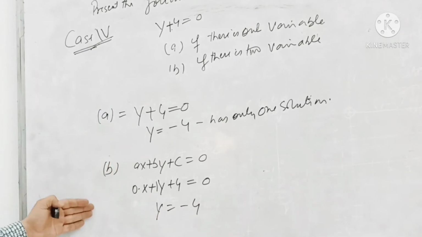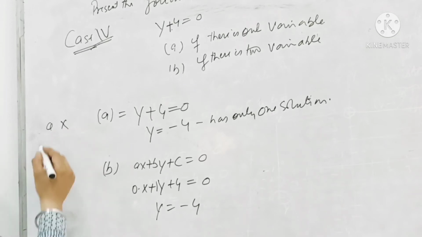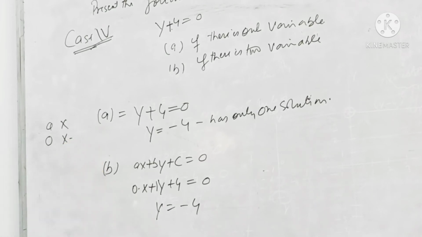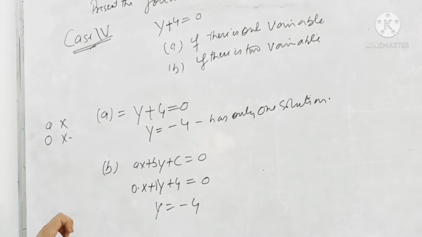How to present this on the graph? In the similar way, the value of a is 0, but the value of x is unknown. Maybe 1, maybe 2, maybe 3, maybe 7, maybe 9, maybe negative, maybe 0, any value, but we don't know.